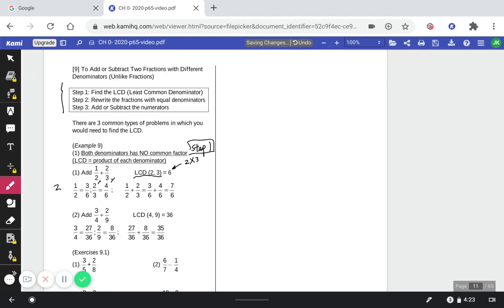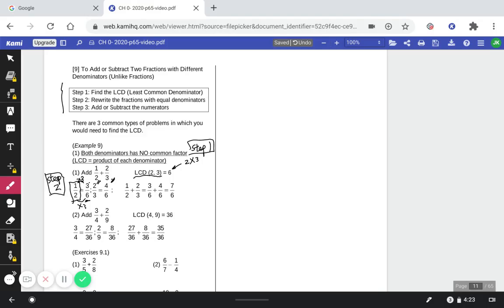Now step 2, you have to find equivalent fractions with the LCD. So since you are adding 1/2 with 2/3, you change 1/2 in terms of 6. So 3/6, because 2 goes into 6 3 times. You multiply the numerator by 3 as well to get the equivalent numerator of the equivalent fraction.